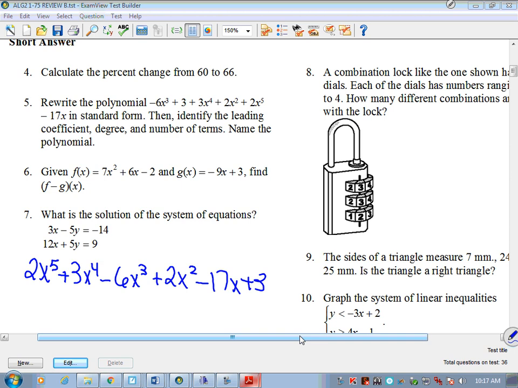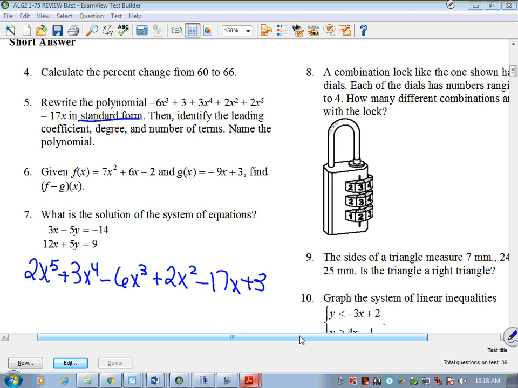So it says in standard form, we've done that. What is the leading coefficient? Anybody know what the leading coefficient is? 5, she says. Is that correct? No. What's the leading coefficient? Do we know what a coefficient is?